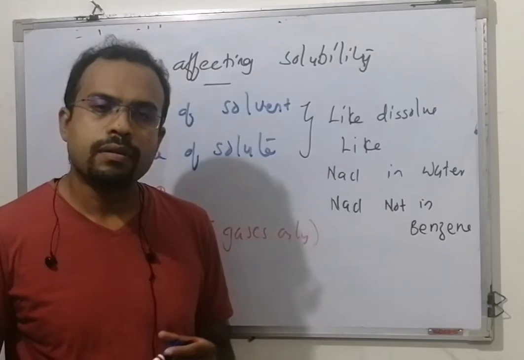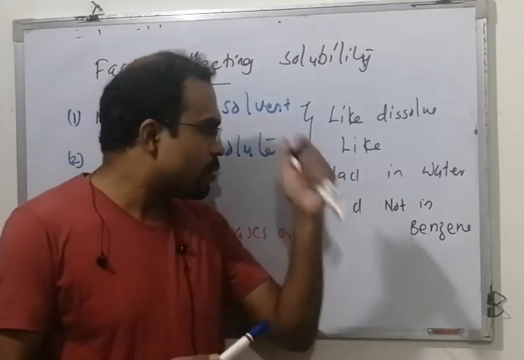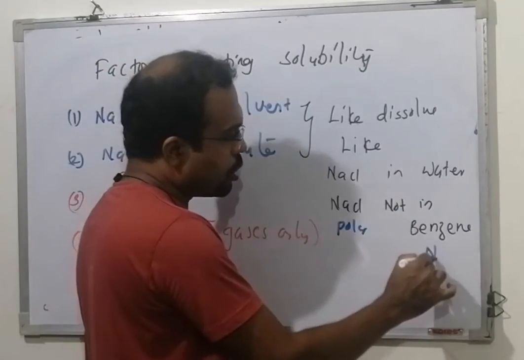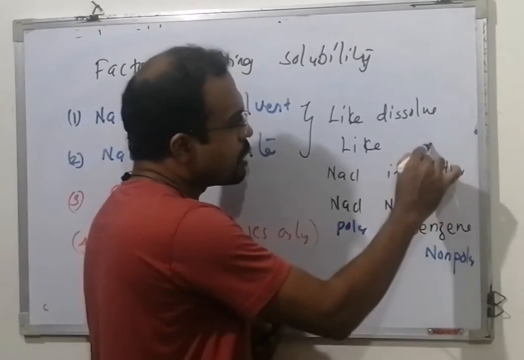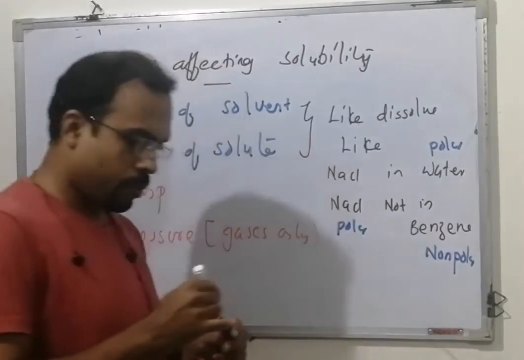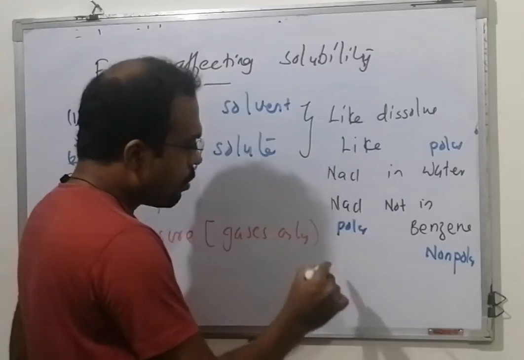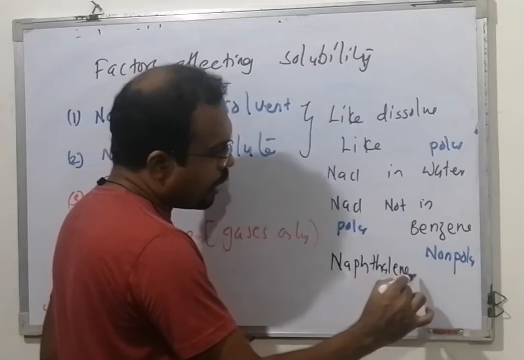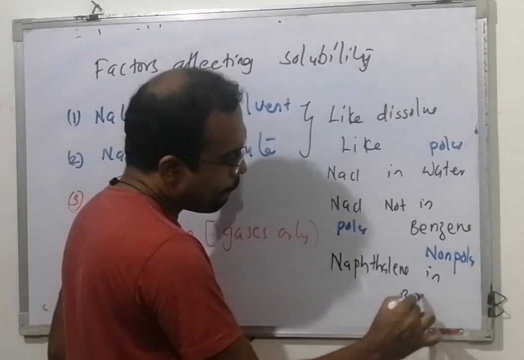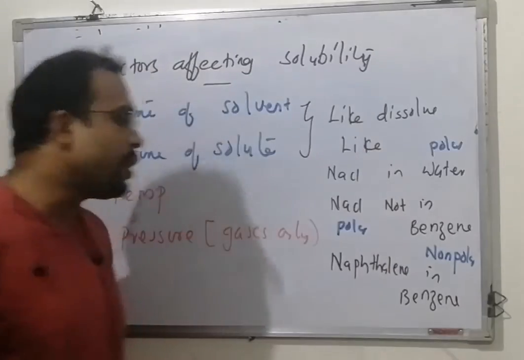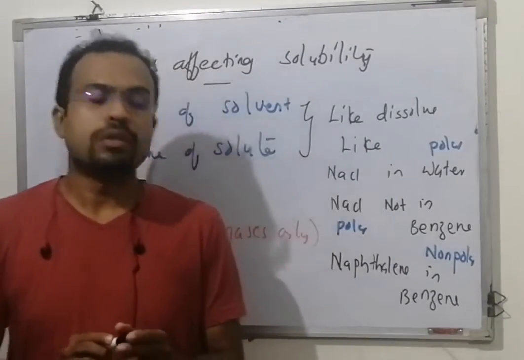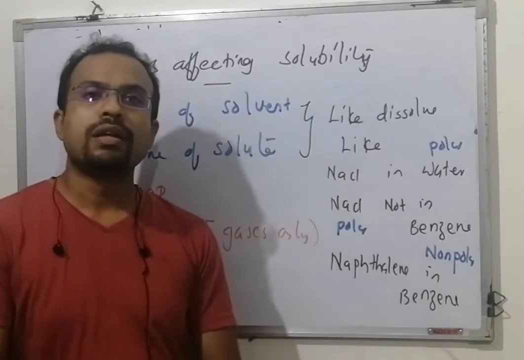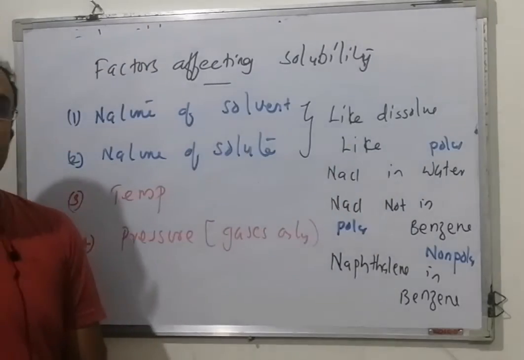You cannot dissolve sodium chloride because it is polar, and benzene is non-polar. Water is also polar. You take naphthalene. That can be dissolved in benzene because both are non-polar. Polar dissolves polar, non-polar dissolves non-polar. That is like dissolving like.